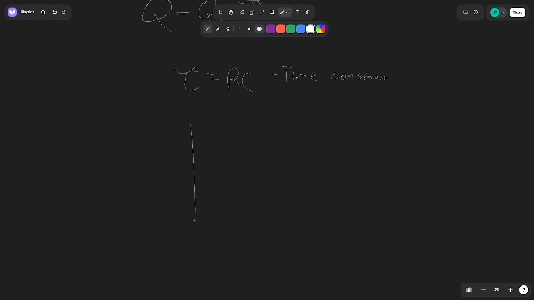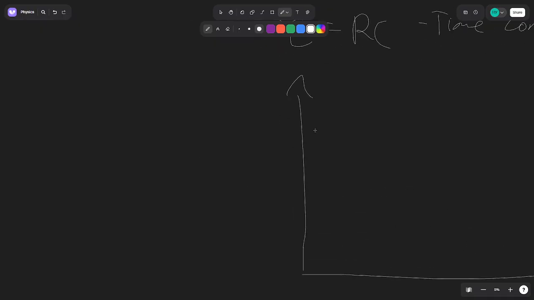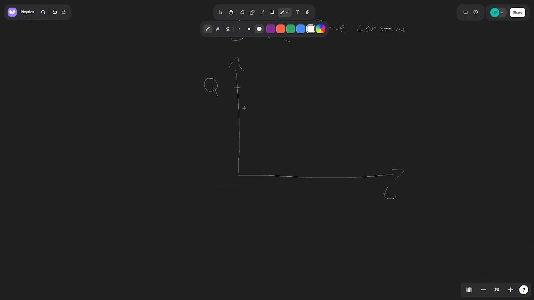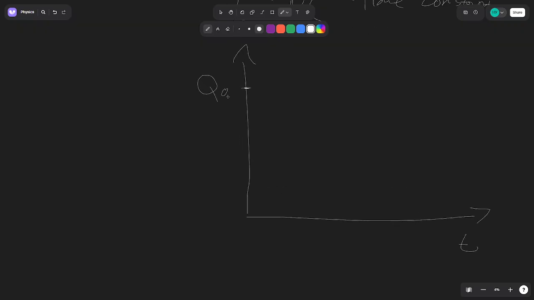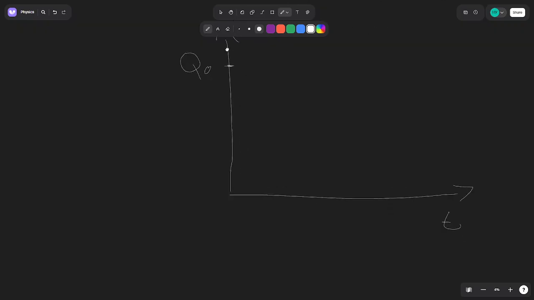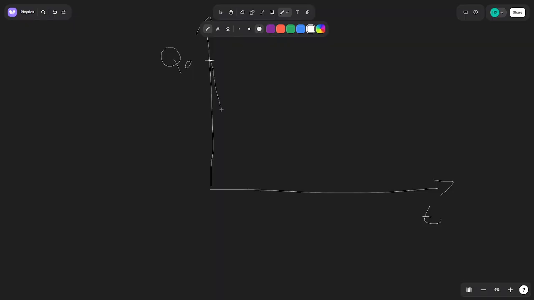And for this one, we need a graph. This is time. This is our starting point, like the charge we started with. So when we open the circuit, and the capacitor collects some electricity, it slowly but constantly fades away, right?